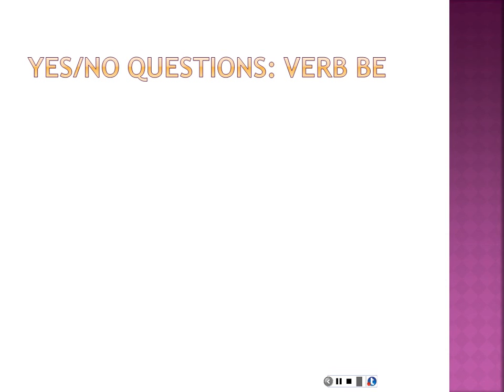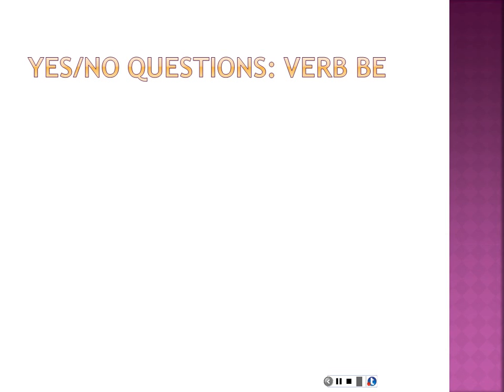So yes/no questions means that the answer of the question starts with yes or no. عندما يكون عندنا أسئلة نعم أو لا يكون هذا يعني أن نوع هذا السؤال يتطلب إجابة تبدأ بنعم أو لا, yes or no. So how to form this question using verb be.